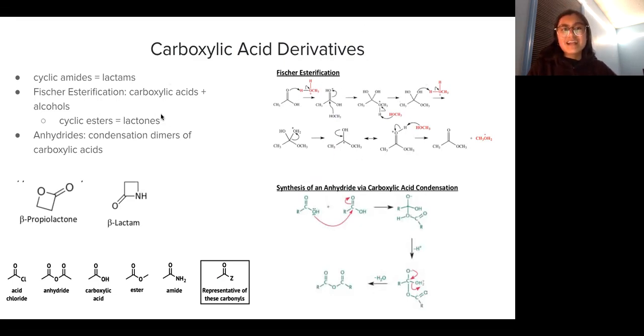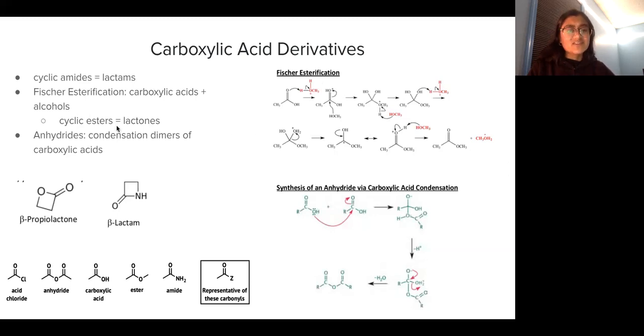So your carboxylic acid derivatives, they're all listed out here. And then here are some small notes that I thought were important. Cyclic amides are called lactams. A Fischer esterification is an important reaction to know as well. This involves carboxylic acids and alcohols, and that mechanism is drawn out here.